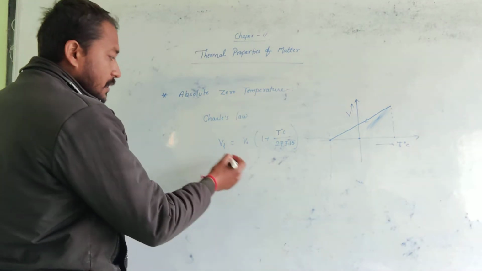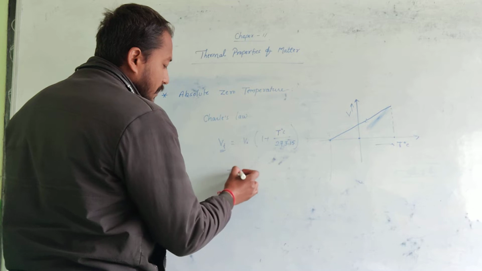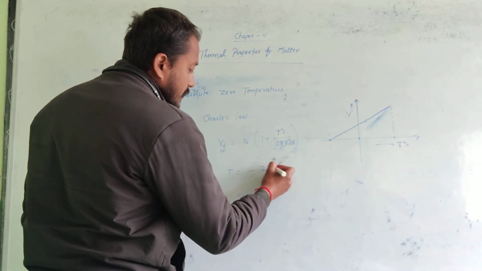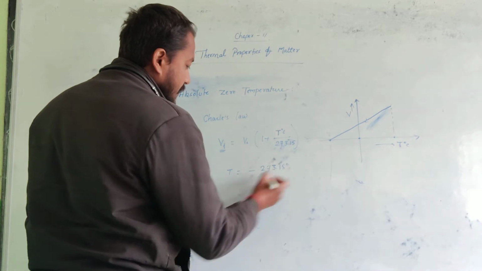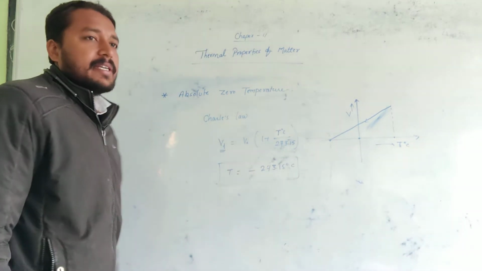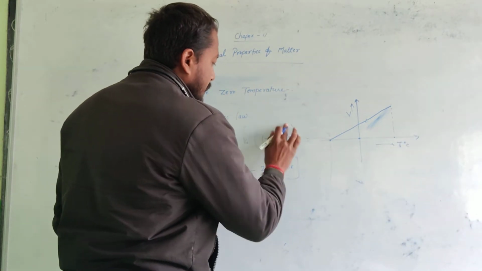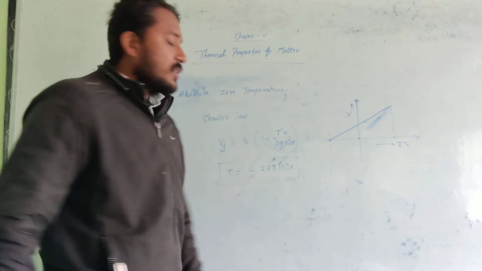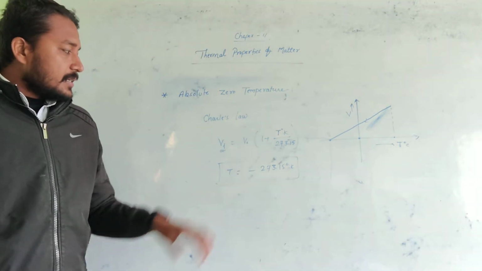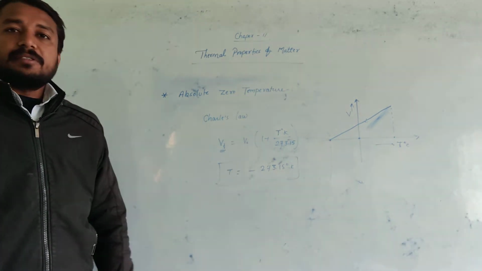So here, when the volume becomes 0, the value of temperature will be minus 273.15 degree Celsius, right? So at minus 273.15 Kelvin, the volume of a gas or a liquid will be 0.